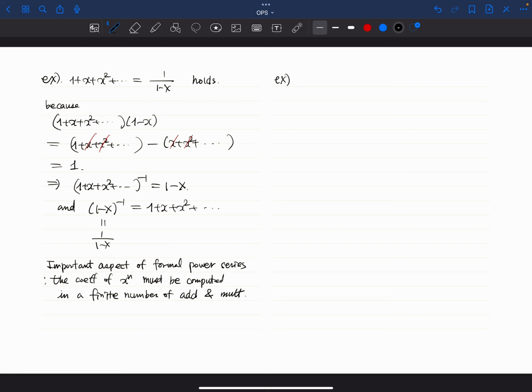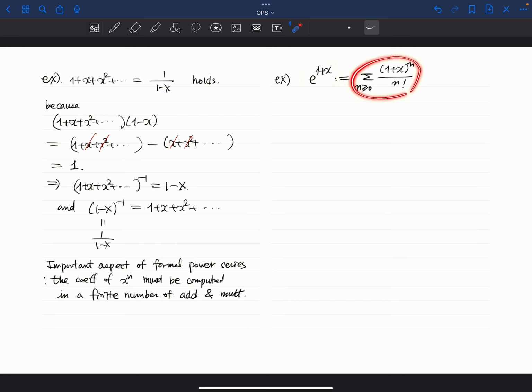Example, let's consider e to the 1 minus x. I mean, this is just a definition. So by definition, let's write it like this, with n factorial. This is the usual way we expand this in calculus.